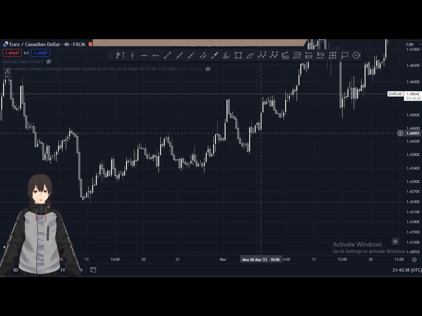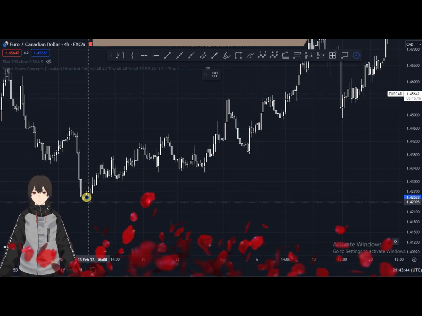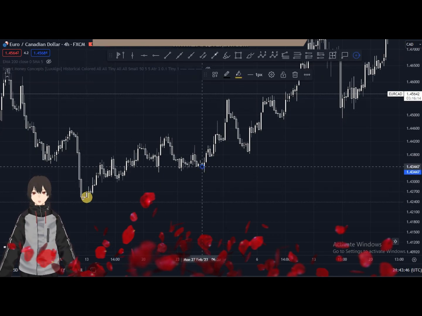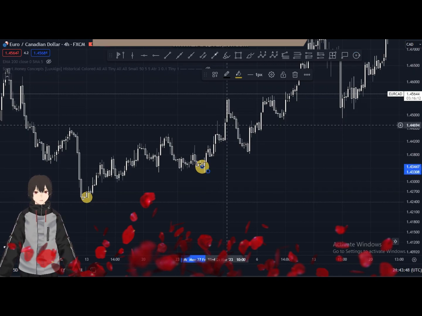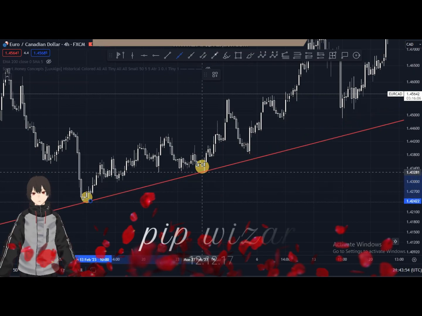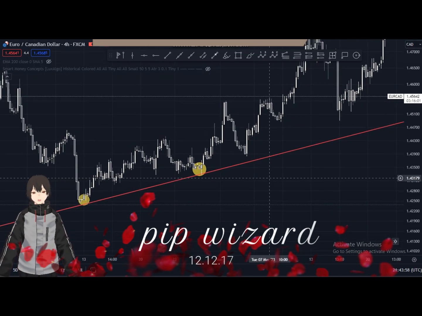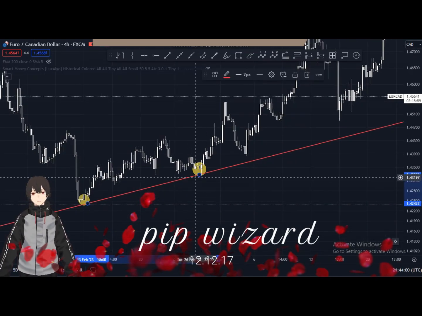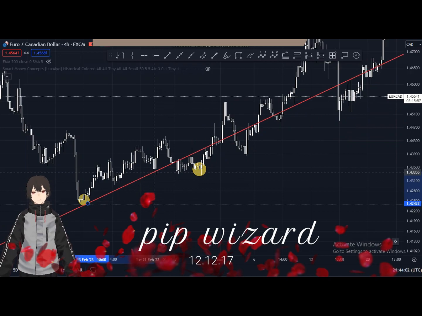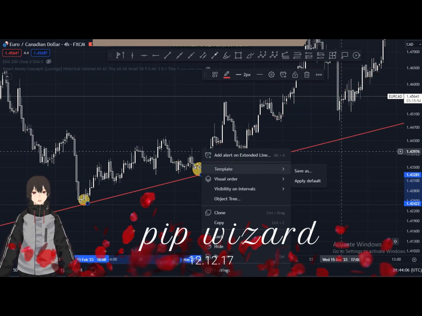Okay, then you can find the lows. You should draw a line like that. This is your trend line. If you want to draw a trend line, you should have two important places or periods to draw a trend line. When we see an important place, draw the trend line.